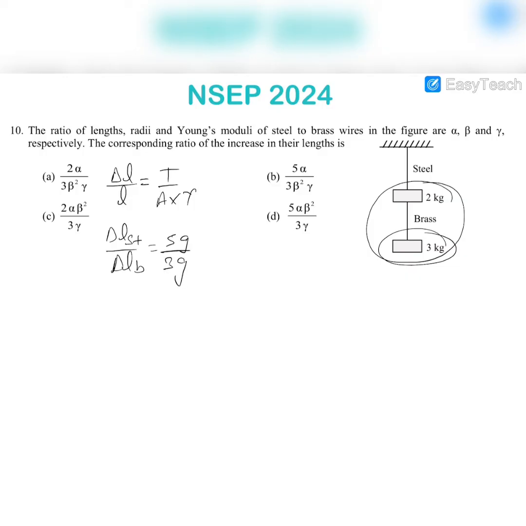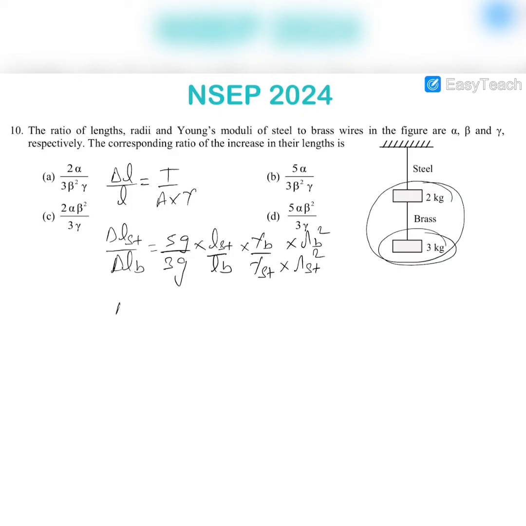Next, we know that the length ratio is L steel upon L brass, because delta L is directly proportional to L, and the ratio of Young's modulus is gamma brass upon gamma steel, and the ratio of area is pi r square. So obviously it is inversely proportional, so r steel whole square upon r brass whole square.